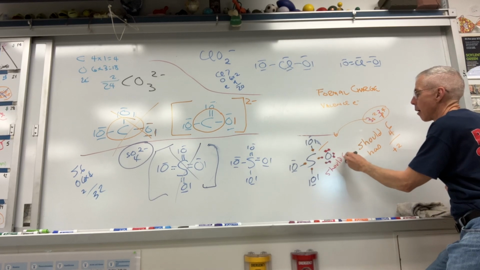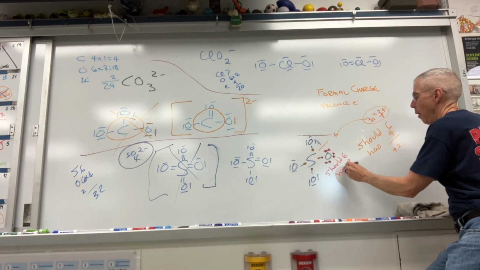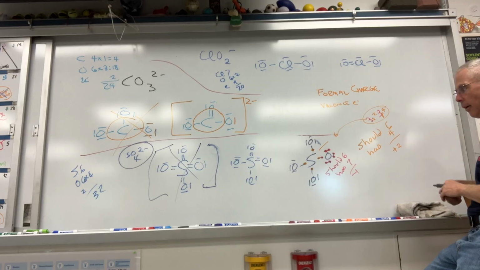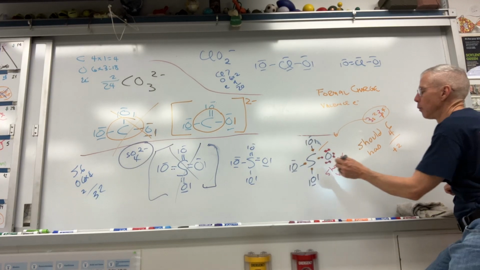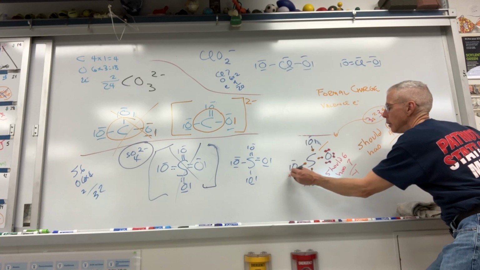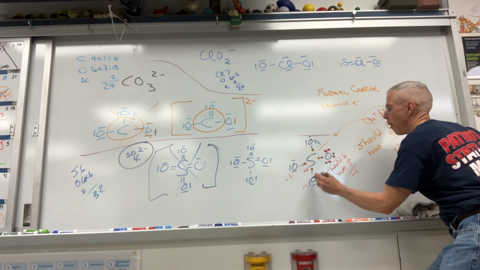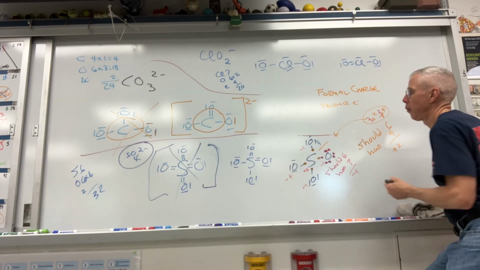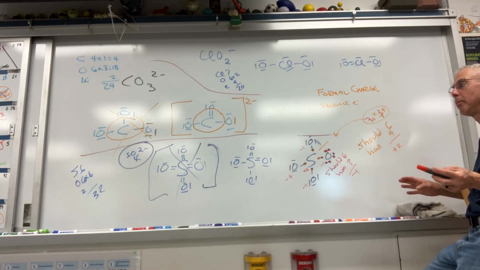Should have 6. How many does it have? 7. Therefore, it's -1. Okay. So if we're looking at the formal charge, this sulfur is +2, and every one of the oxygen is -1.